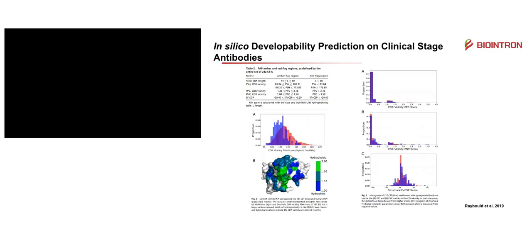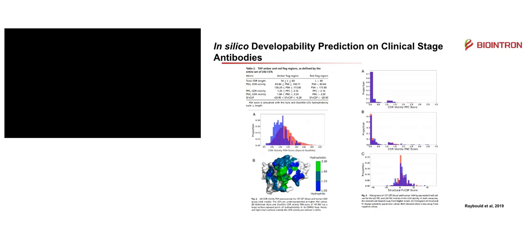And of course, you can start from in silico developability. This is a publication by the scientists of AstraZeneca in 2019, and they found that they grouped the therapeutic antibodies in two different groups. One is called a common group.